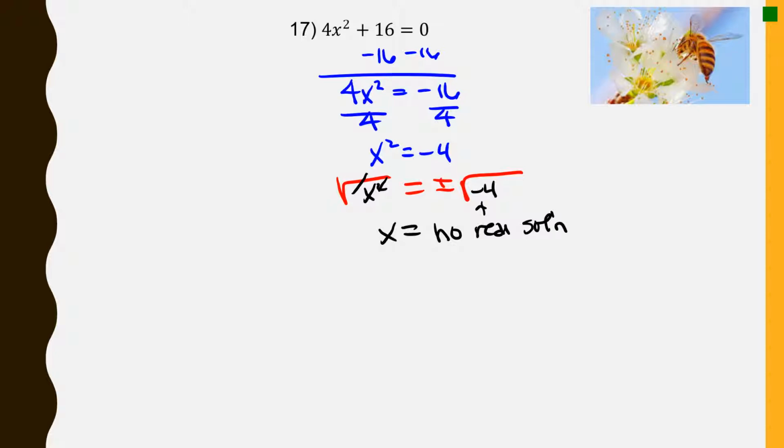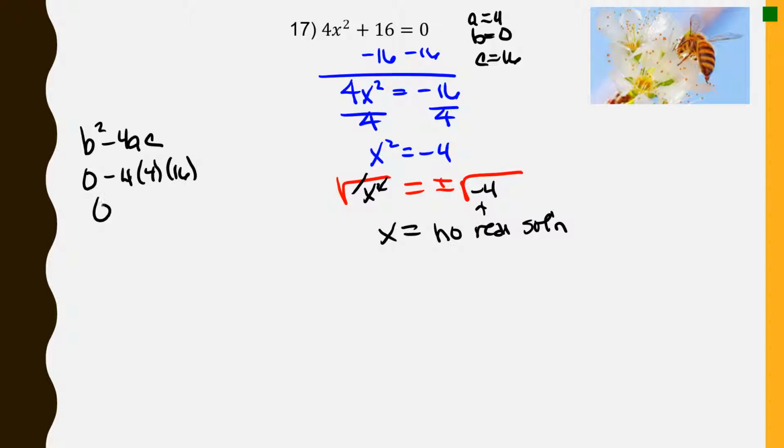If you had done the discriminant, b squared minus 4ac, remember here, a is 4, b is 0 because there's no x term, c is 16. So it would have been 0 minus 4 times 16, 0 minus 16 times 16, that's not 196, I believe it's 216. I don't trust myself. 256, see, don't trust me.